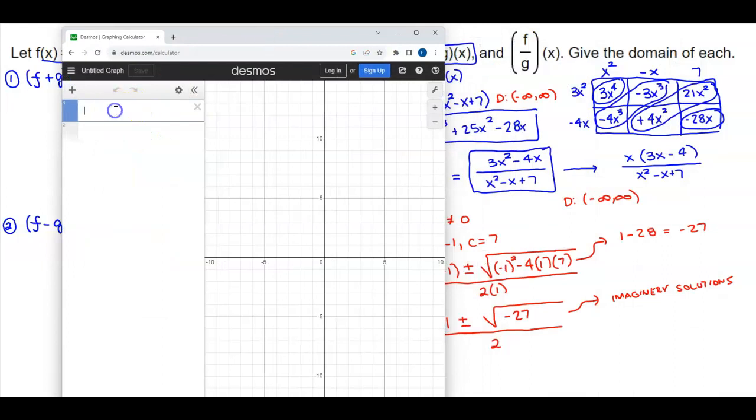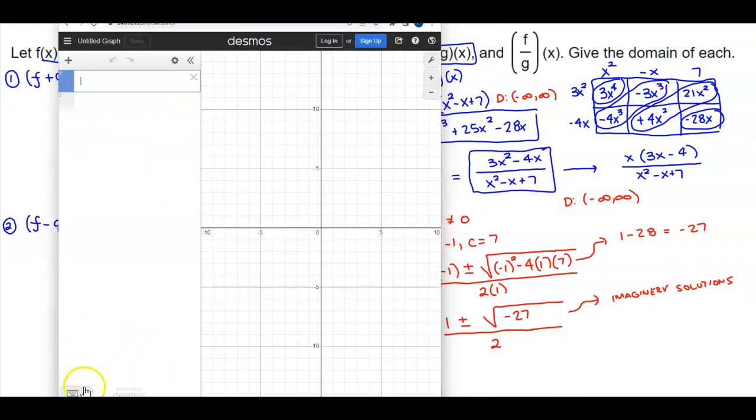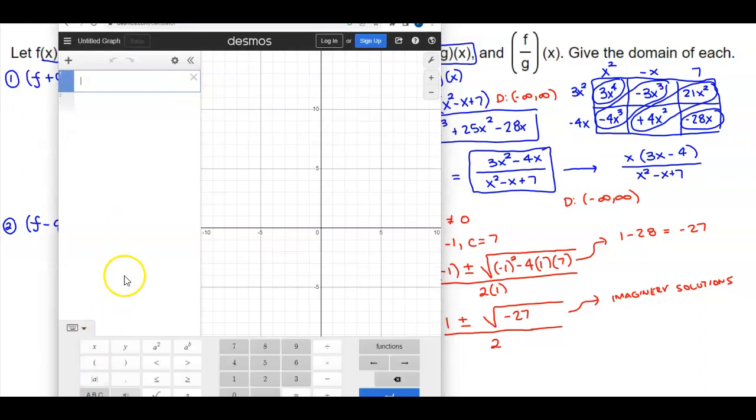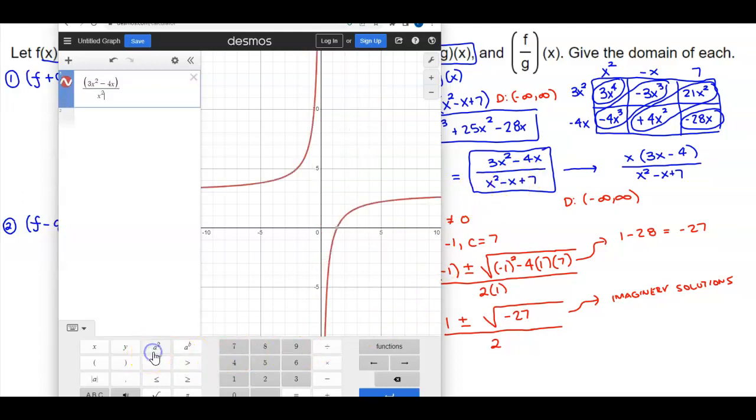Okay, so we have parentheses 3x squared minus 4x. And then we're going to divide that by the function in the denominator, which is x squared minus x plus 7.